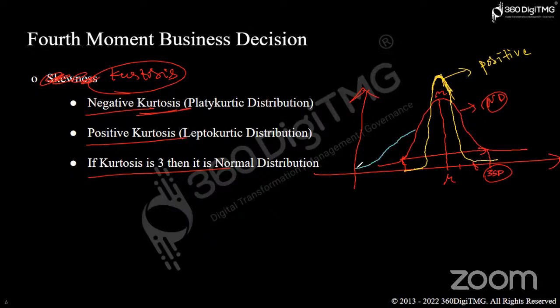Distributed, where you'll be having, this is not normally distributed and we call it negative, positive. So the values will be different comparatively to this.